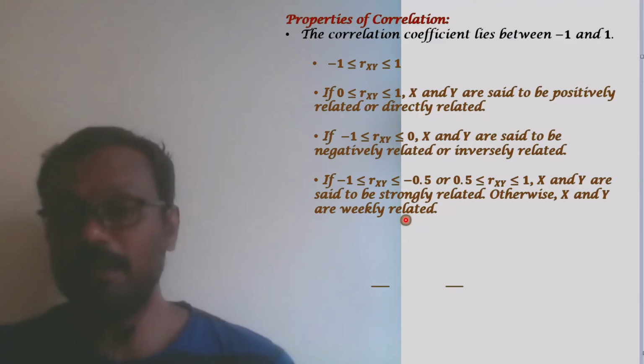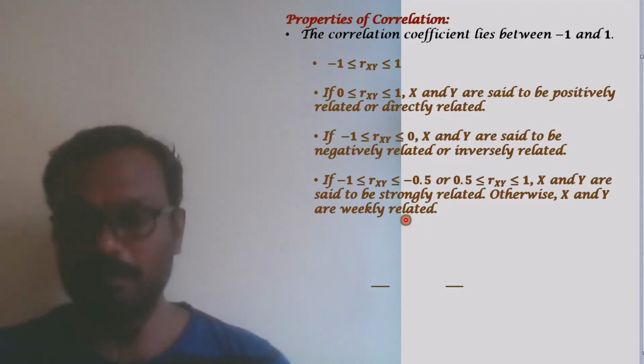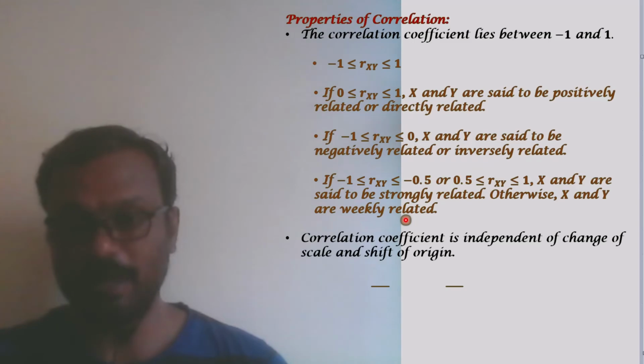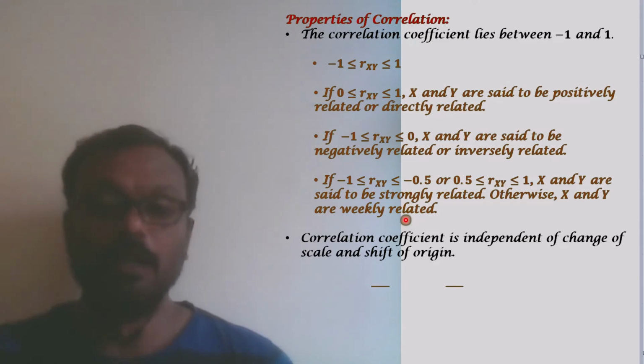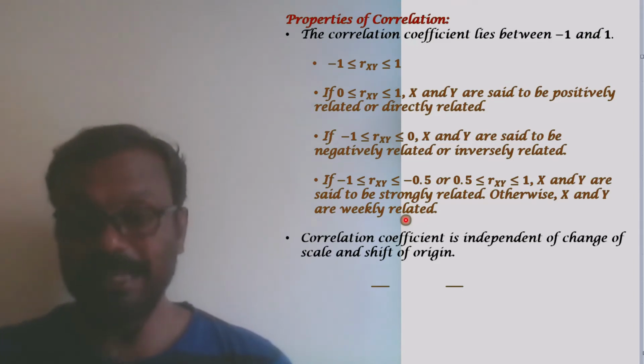But when the coefficient lies between -0.5 and +0.5, they will be a bit scattered away. More points will be scattered away from a straight line that would pass through many points.